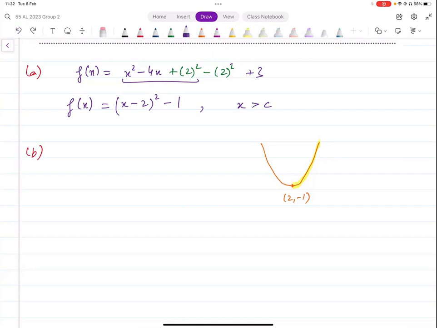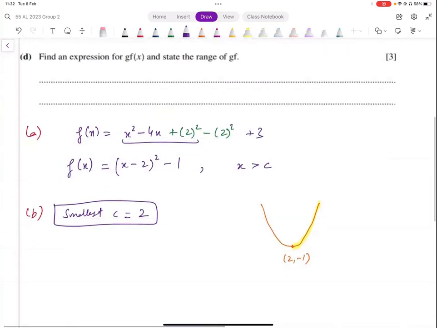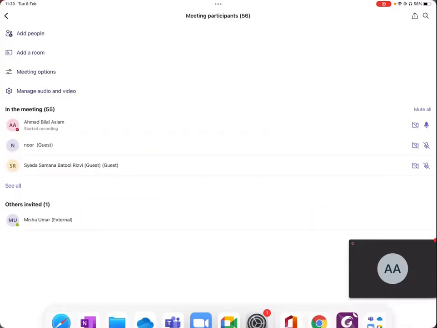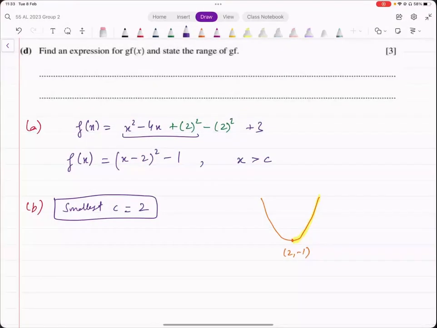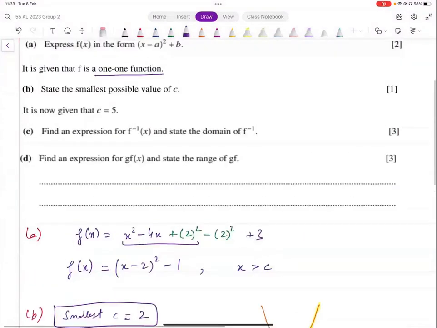So we say the smallest possible value that we have for c here is equal to 2. The smallest possible value of c is equal to 2 here, because if you go below 2 it will no longer be a 1-to-1 function. Okay, we've done this in class before multiple times as well. So the smallest value is 2.